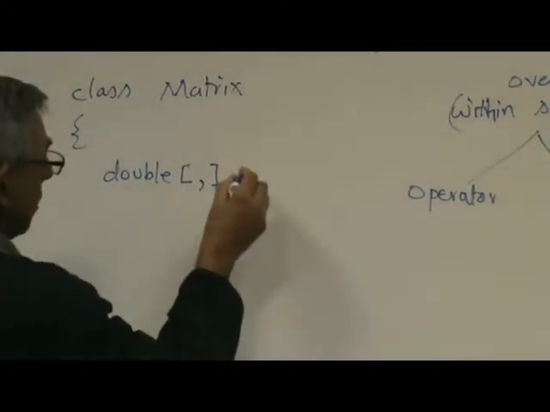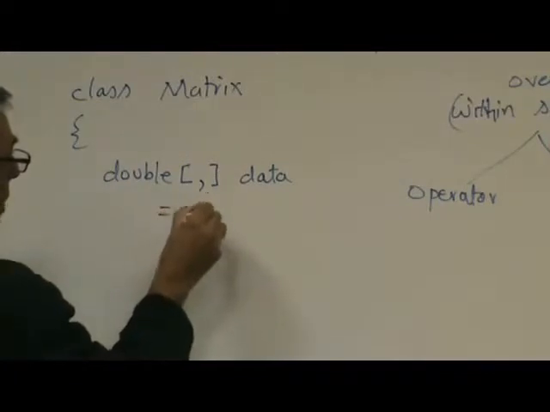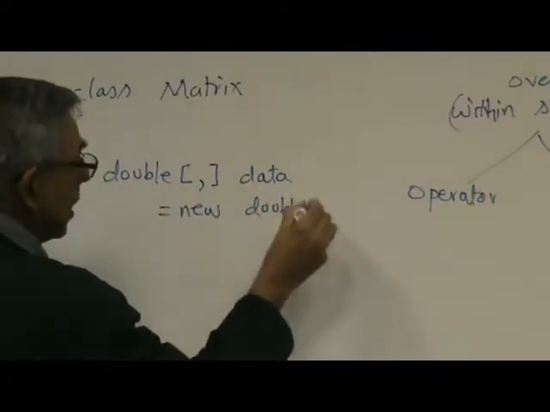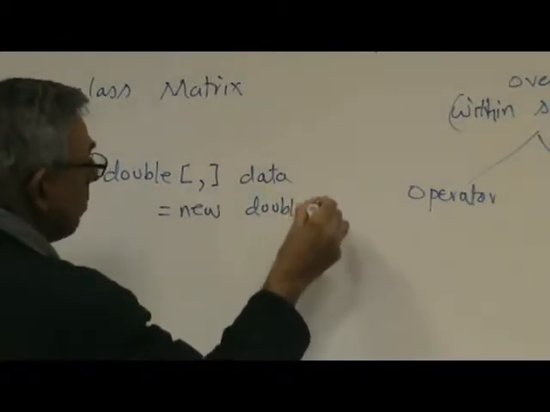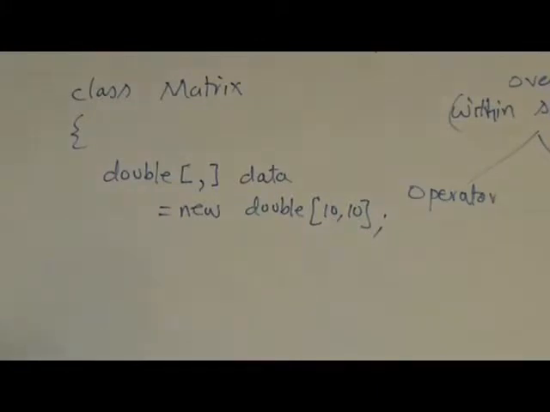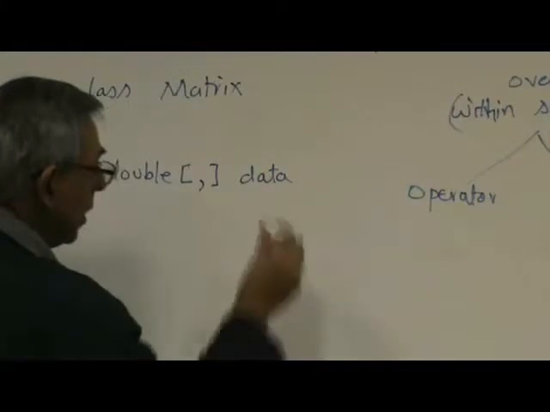Okay, and suppose you can call it data equal to new double, for example, 10 comma 10. If you wanted a 10 by 10 matrix, or you can say null and through the constructor provide how many rows, how many columns somebody will create, right? Or let me just make it a little more flexible.